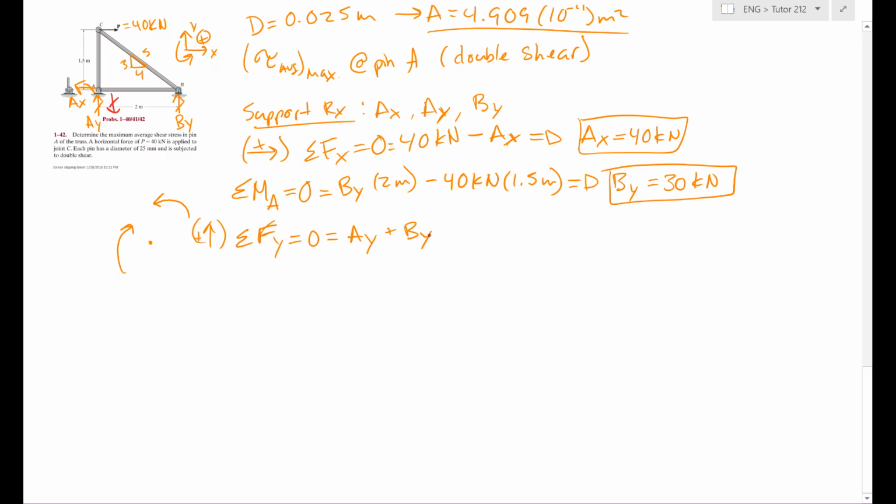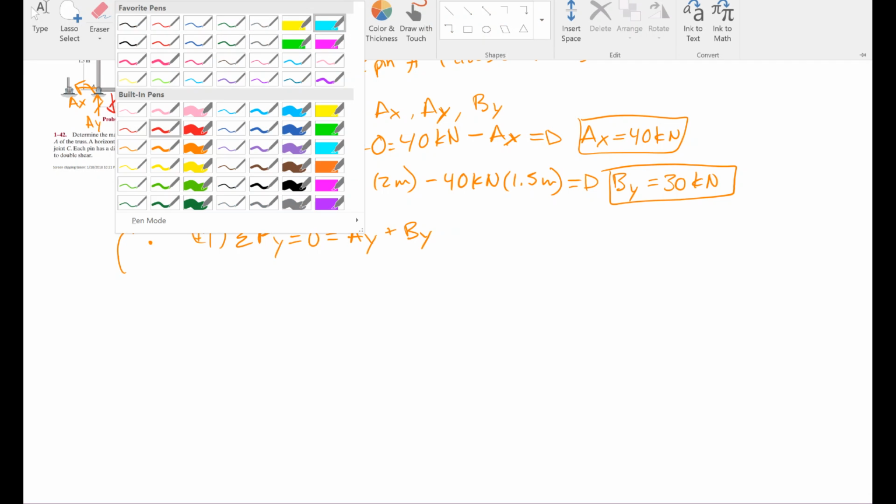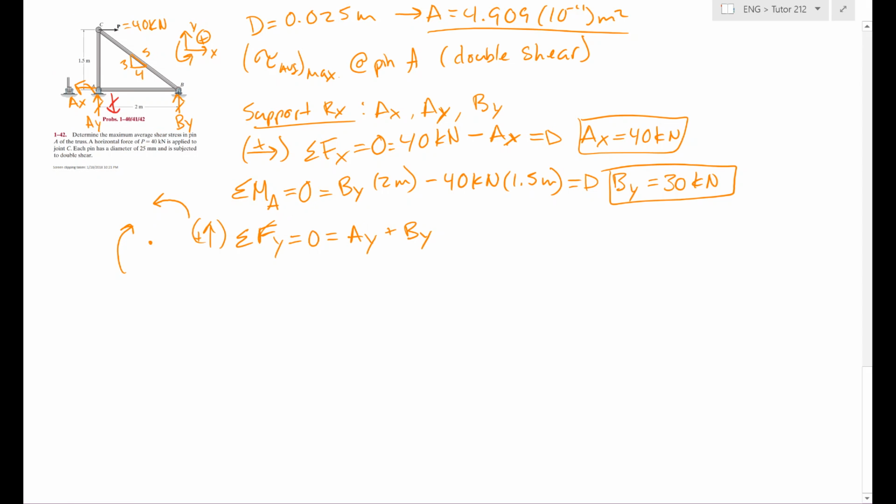But that just means that when I sum these forces, this is equal to 30, I'll get a negative value. That just means it's actually going down, or going in a different direction than what I drew it as. But I'll keep it as negative, just so we know.